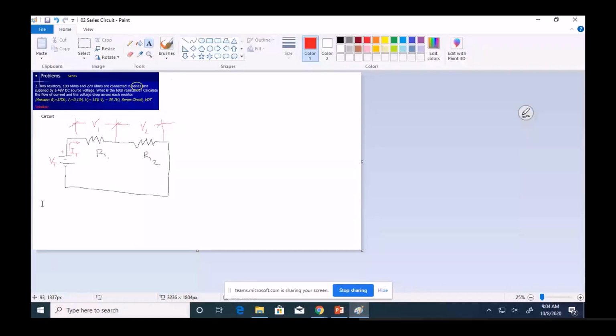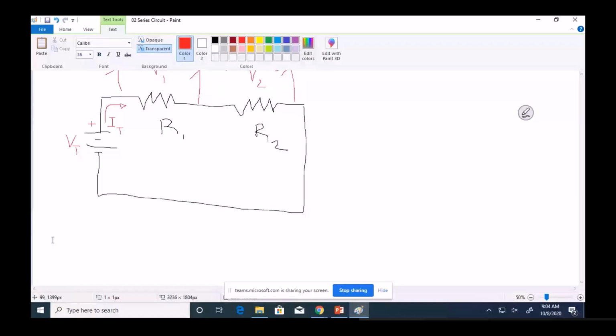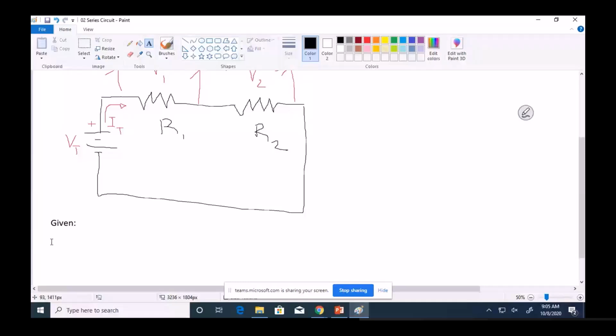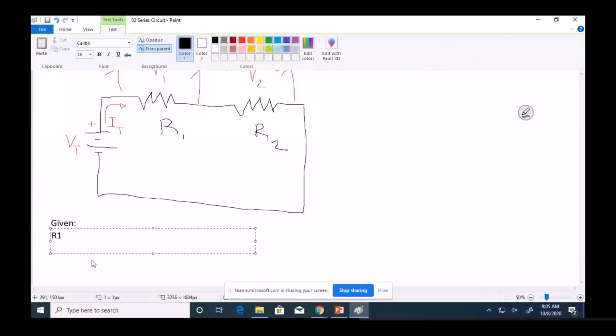Now the next thing you have to think is what you are going to find. First, what are given in the problem? You have to establish the given values. It mentioned two resistors. The first value is R1, that is 100 ohms.